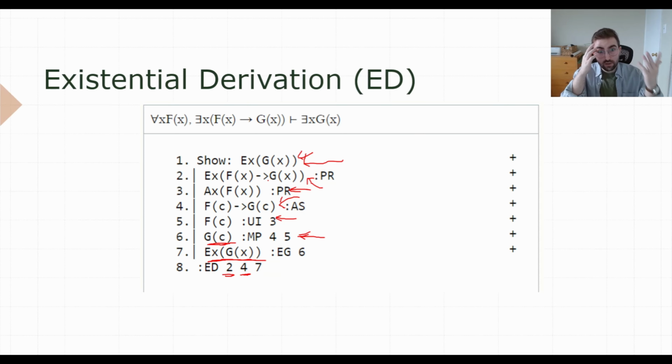And then on line 4, we said, let's assume that that thing is C. Could be any arbitrary constant, but we'll call it C. So that's why line 4 is cited. Line 2 is the existential claim we used. Line 4 is where we made the assumption about that claim. And then line 7 is just where we got what we were trying to show. So those are the 3 lines we cite.